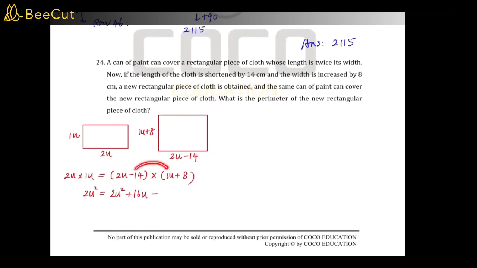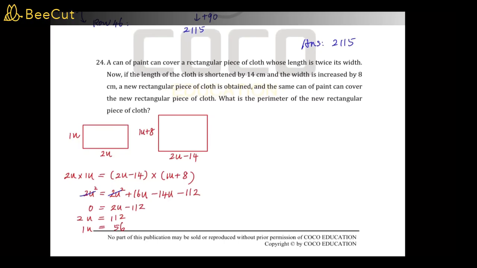Minus 14 times 1u, so minus 14u. And then lastly, this is minus 14 times 8, so minus 112. Now after we expand the brackets, we can cancel out the numbers. 2u squared cancelled. And this is 0 equal to 2u minus 112, which means that 2u equals to 112. So 1 unit equals to 56.